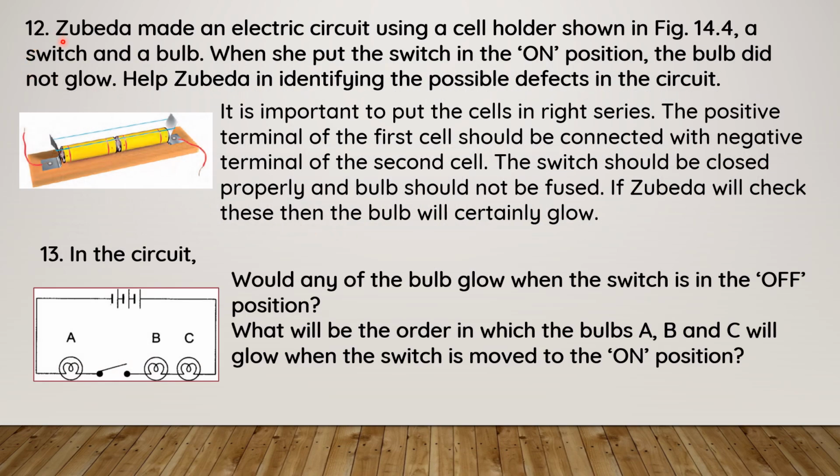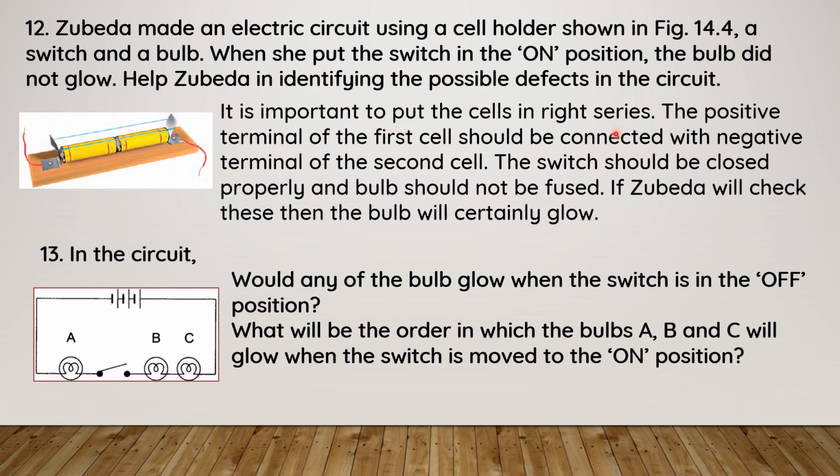12th one. Zubeda made an electric circuit using a cell holder shown in this figure. So this is the cell holder and two cells are here. A switch and a bulb also. When she put the switch in the on position, the bulb did not glow. Help Zubeda in identifying the possible defects in the circuit. It is important to put the cells in the right series.